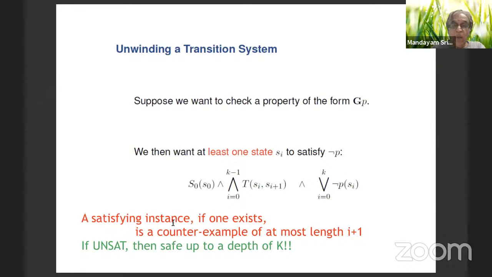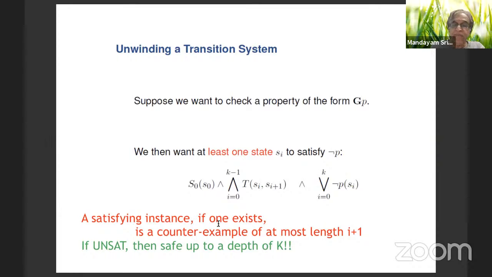If P is violated in any one of the states along the K length path, then you can add this disjunction of not P on each of the states that appear in the path, and then check if it is satisfiable.